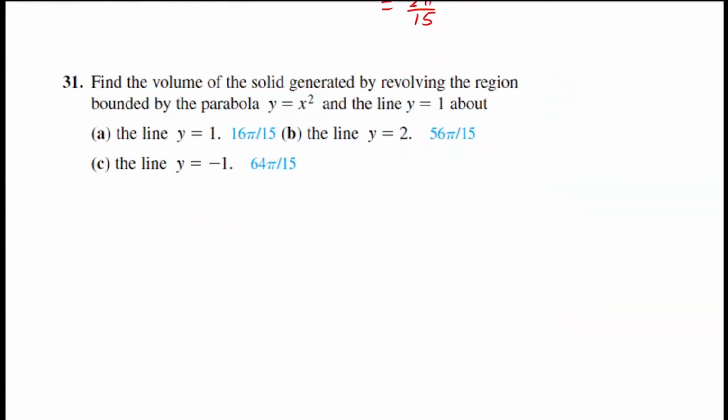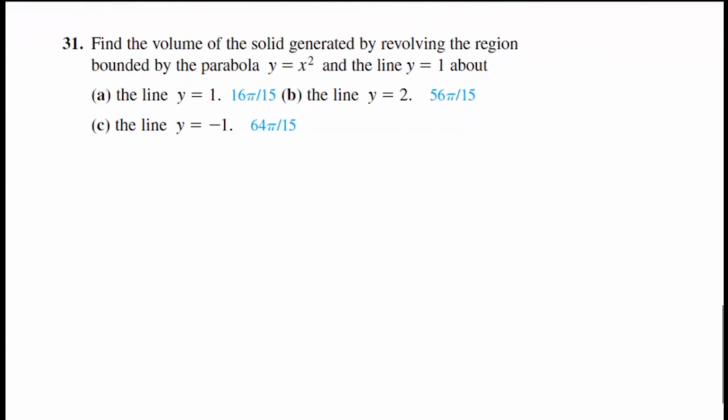Okay, we have to find the solid revolving this region about the line y is equal to 1 and y is equal to 2. Y is equal to 1 and 2 seem like about the same thing, right? Oh, whatever. Okay, so what we have is this.